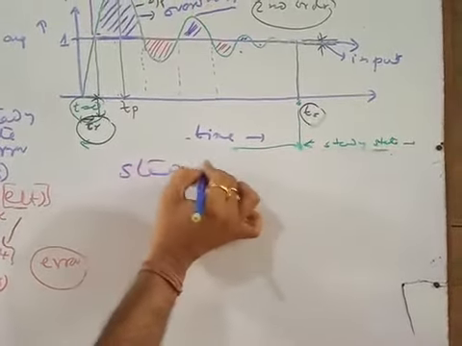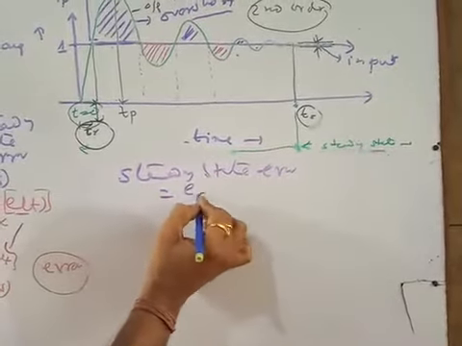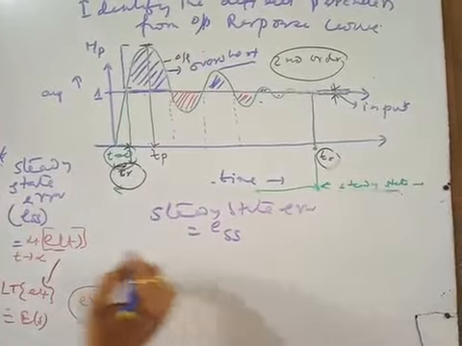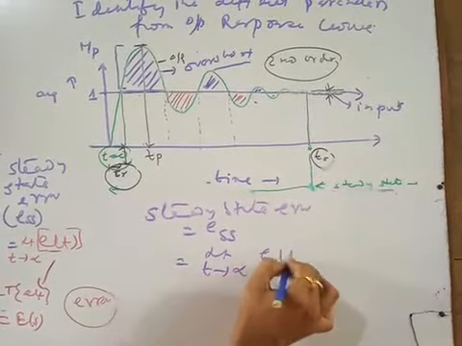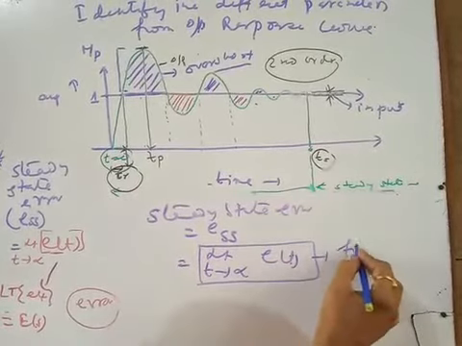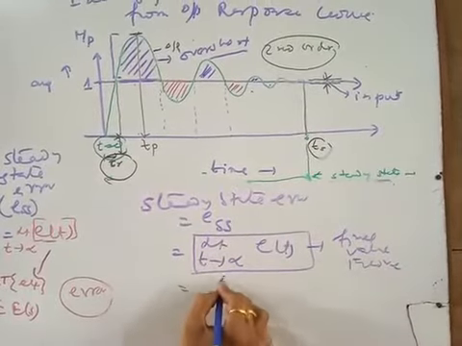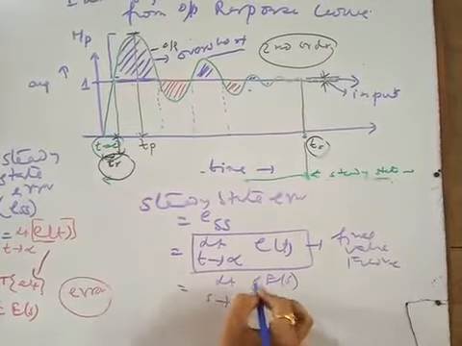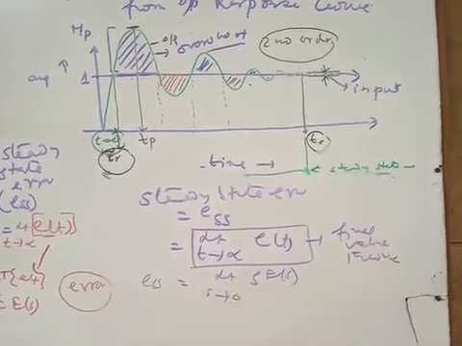The steady state error, that is your ESS, in the theoretical case, is limit t tends to infinity E(t), right? So if you apply the final value theorem to this expression, ESS is equal to limit s tends to 0, s into E(S), right? So by using this formula you can get the value of the steady state error.